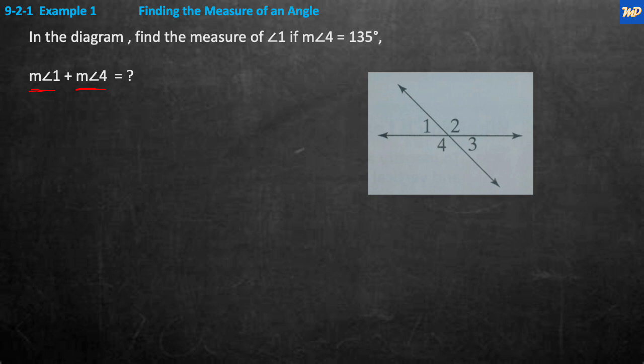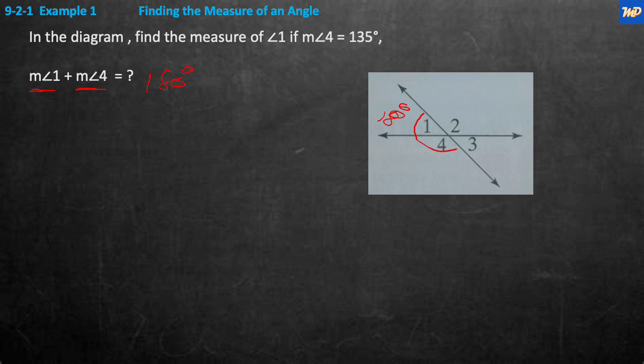Angle 4 is right here along this straight line. They're on the same side of the line, so they are supplementary. 1 and 4, if you take the two of those in total and add them up, that's 180 degrees.